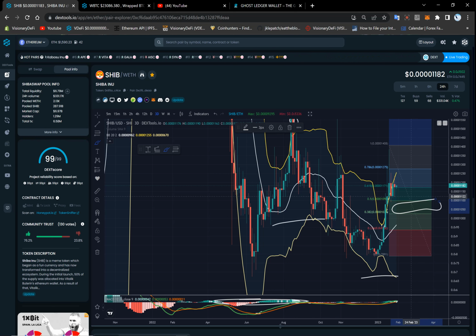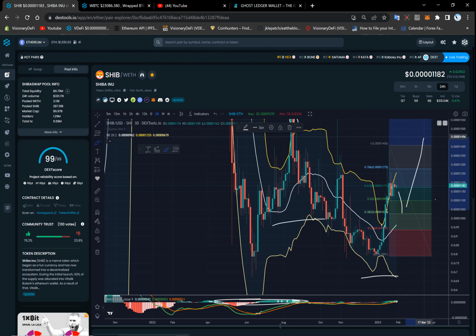So I would expect price to retrace back into these areas and then continue upward. This is where we're gonna have these huge movements, guys. After the first retracement on the 3-day, this is when crypto really moves.